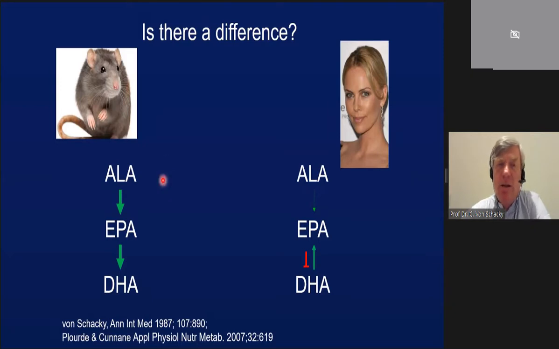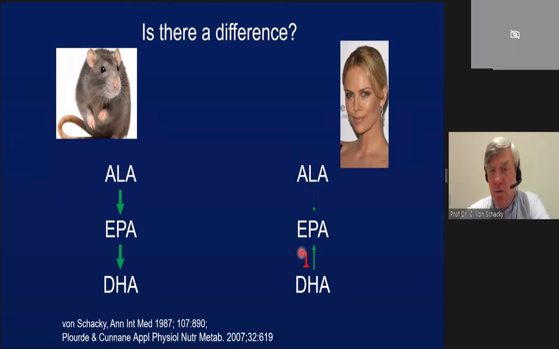Nutritionists told us that we can convert plant-derived alpha-linolenic acid to the marine icosapentaenoic acid, and this one to DHA, which we have in the brain, for instance, and which we need to build our brain with and to maintain our brain with. But these data are true for rodents and not for humans.